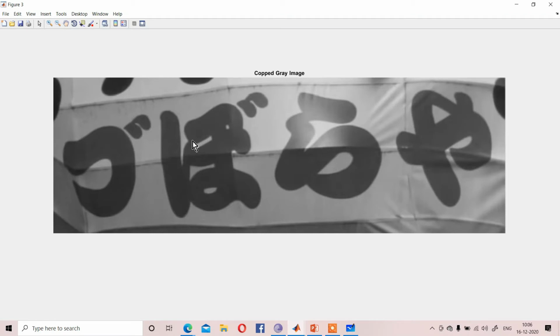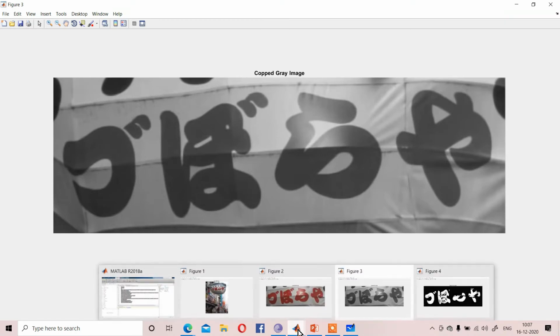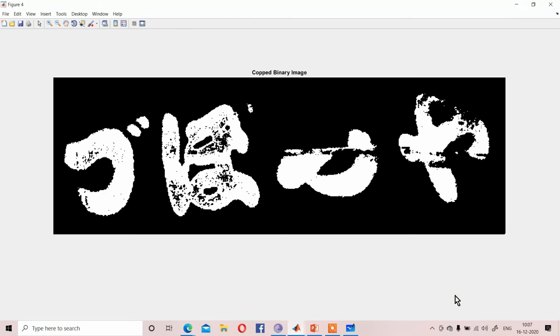Means the given data will provide the value 1 and all other positions will provide the value 0. So first you converted the RGB image into a gray level image, and then you converted it into the binary image. So that is your result.